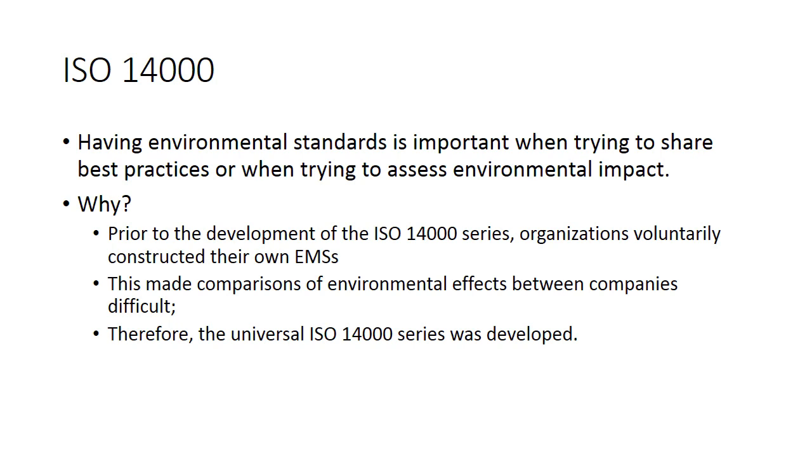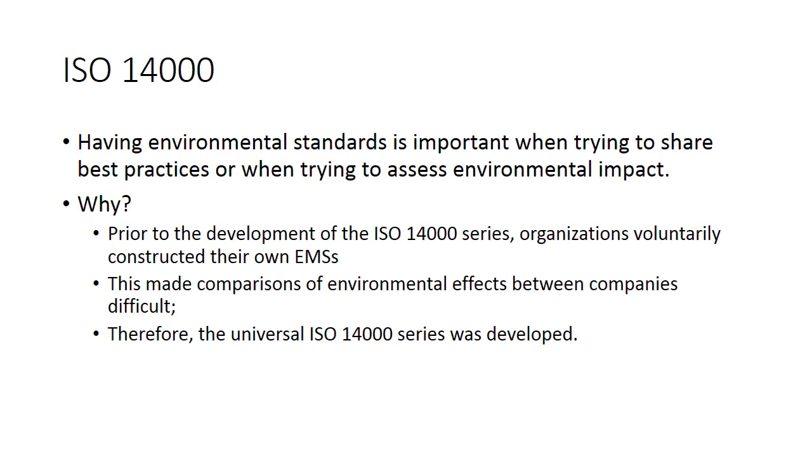This is because prior to the development of the ISO 14000 family, organizations voluntarily constructed their own environmental management systems. But since they were all custom made and each company defined what their environmental management system would be about, this made comparisons between companies very difficult.